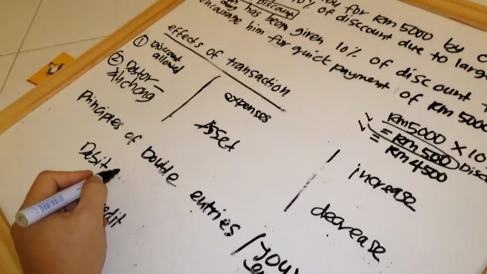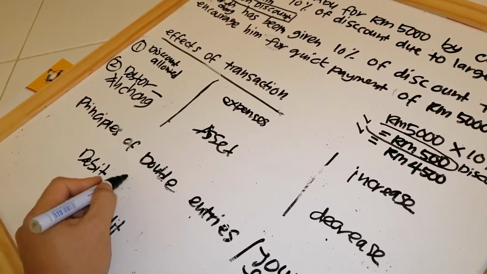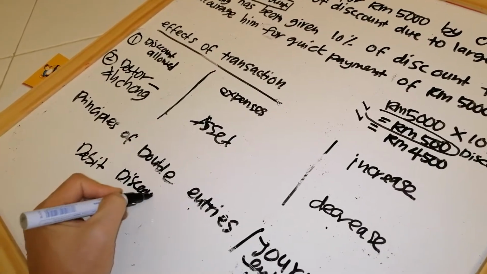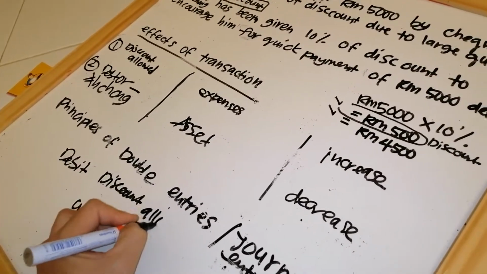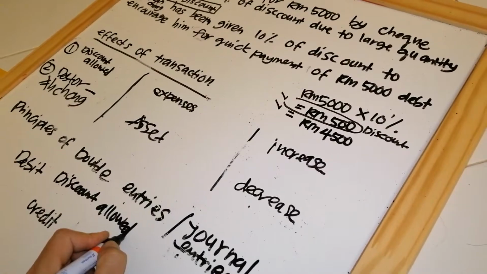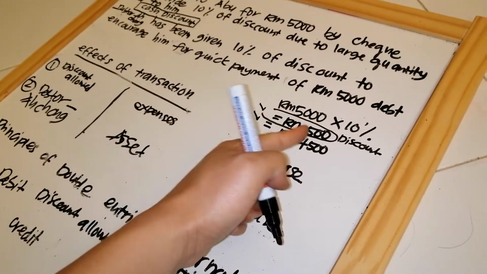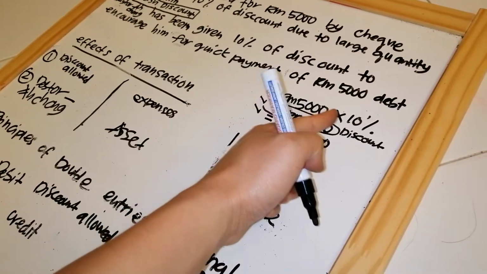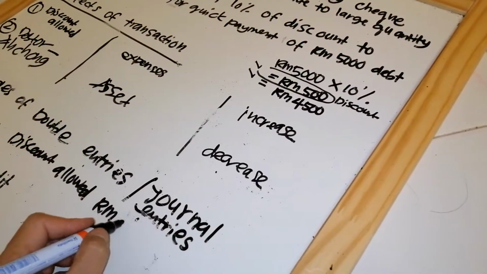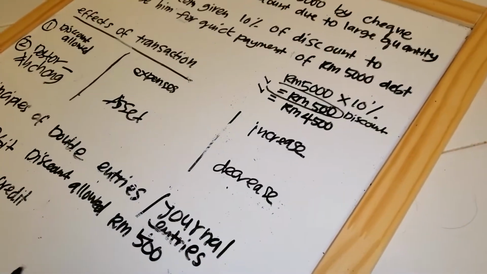So not debit expenses, but the expense item here is discount allowed. How much discount did you allow to Achong? Not 4,500. The discount figure here is 500.